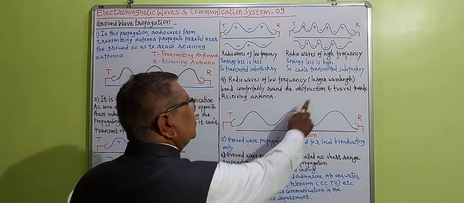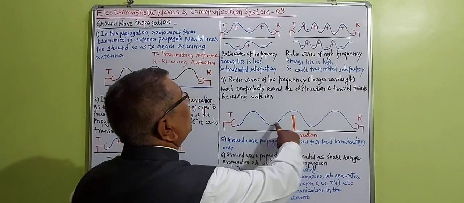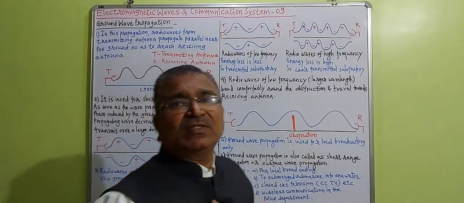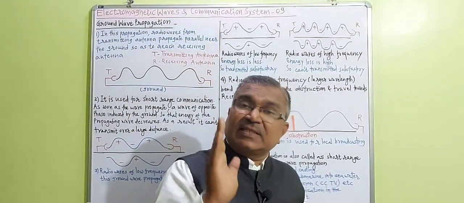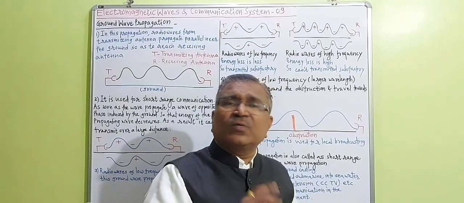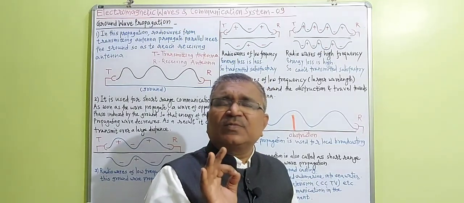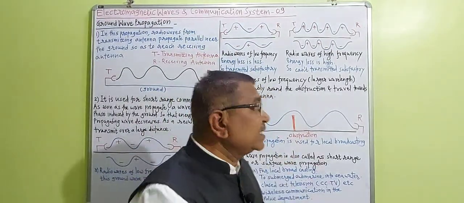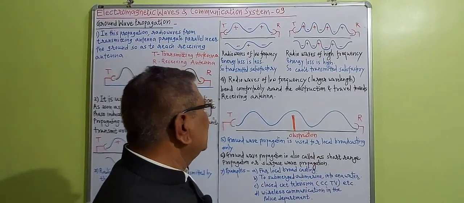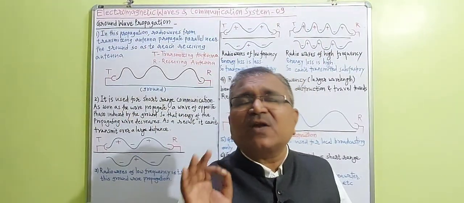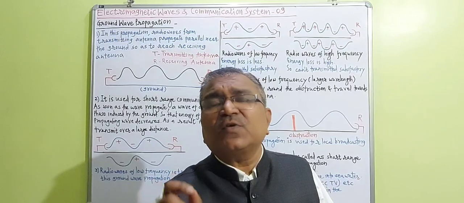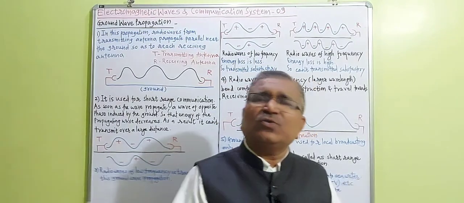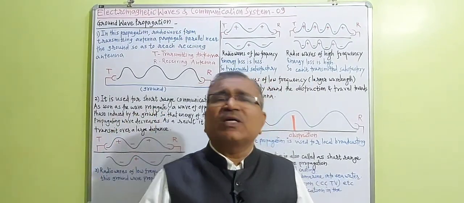If the frequency is low, the wavelength is larger, and if the wavelength is larger, it can easily cross around the obstruction. Though there is an obstruction in the path of the propagating wave, if the frequency is low, it can easily bend around the obstruction so as to reach the receiving antenna. I have already told you that this ground wave propagation is very useful for local broadcasting only. It cannot be used for communication over a longer distance.